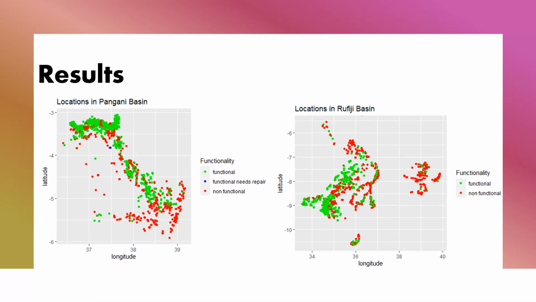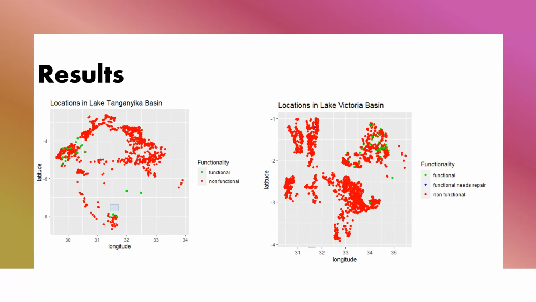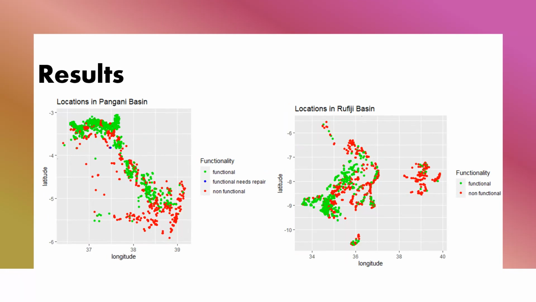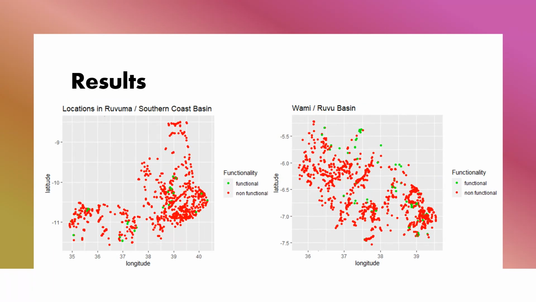Pangani and Rufiji all have a good mix, and so between all of these, it would probably be most important to focus on these two basins. But yeah, and also these ones as well.